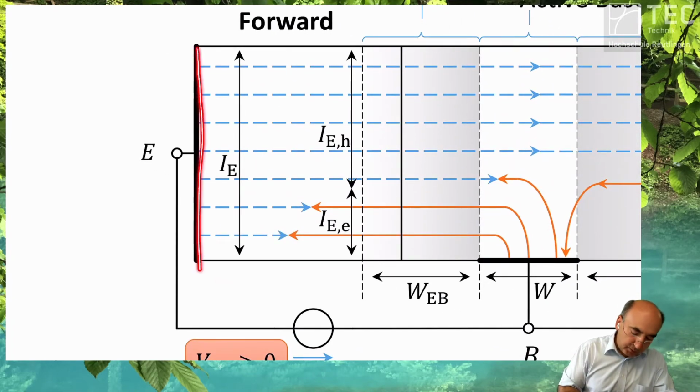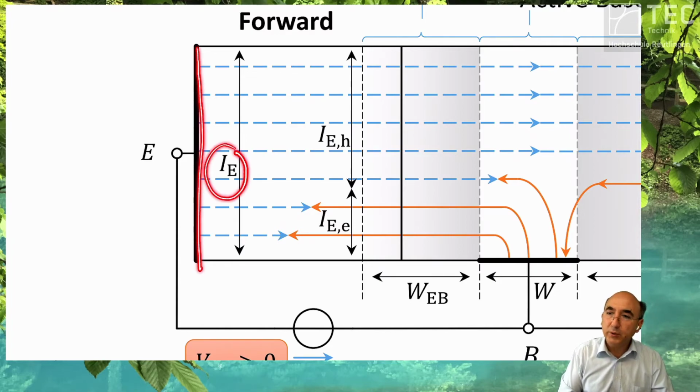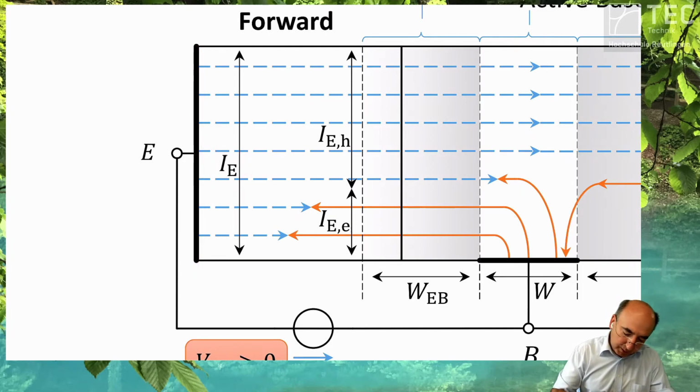We learned from the PN diode that at the contact we have the full hole current. We learned that a portion of this current at the space charge boundary is carried by holes. The other portion is carried by electrons.